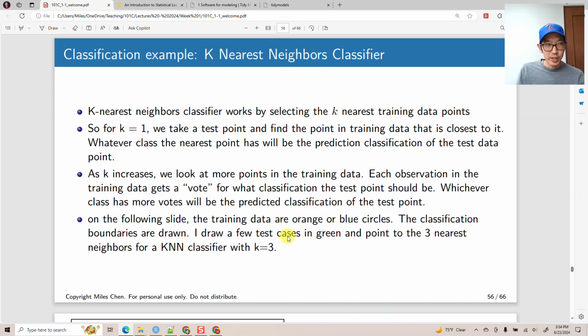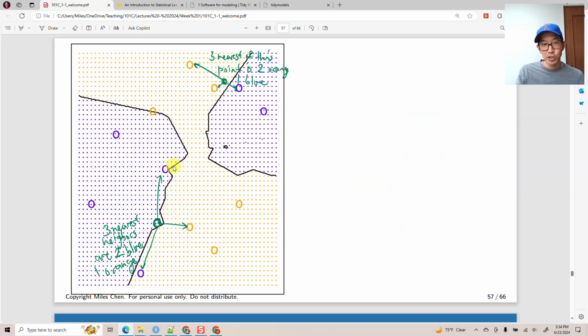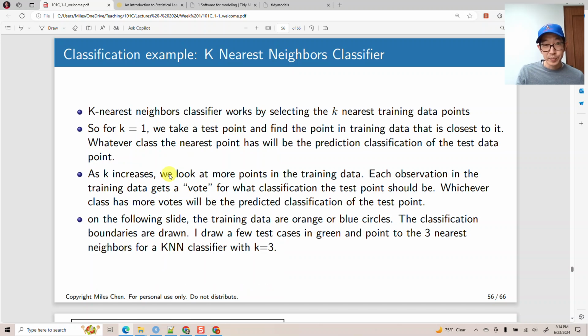In our training data, our observations have classes. They're either going to be orange or blue or something like that. We take the class of the nearest point, and that is going to be the classification of my test point.